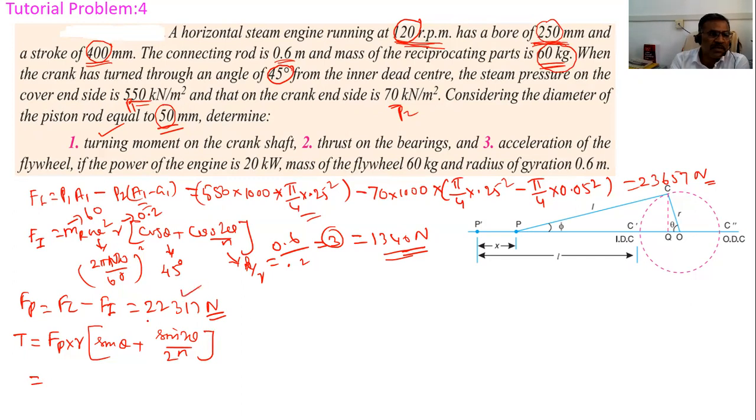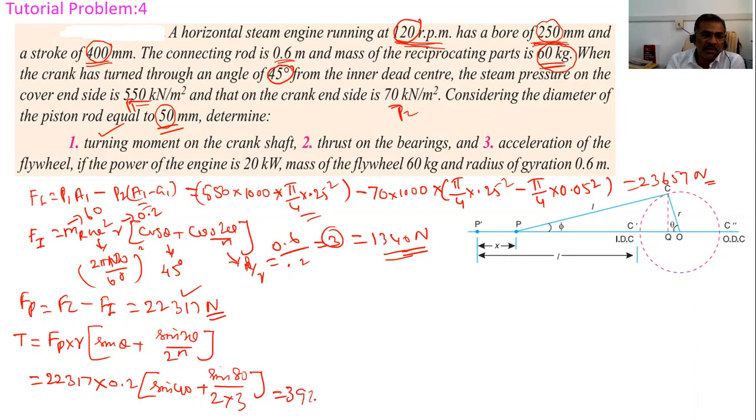Here Fp is 22317 multiplied by R, and R is equal to 0.2, within bracket sin 40 plus sin 80 divided by 2 into 3. This will give the torque, that is 3920 Newton meter. So when theta is equal to 40 degree, the torque produced is 3920 Newton meter.